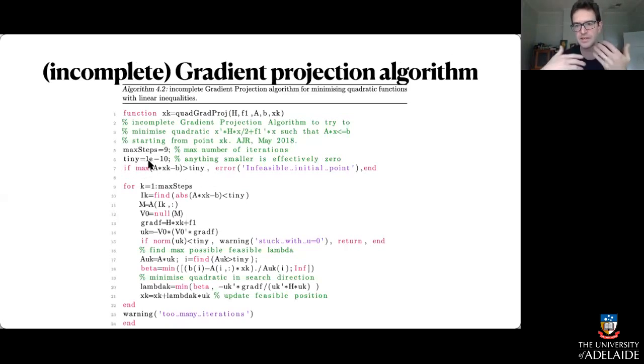Numerically, it's never a good idea to check whether something is equal to 0, because things are almost never equal to 0 because of floating point precision issues with computers. So we define a tiny number here and compare quantities with that.